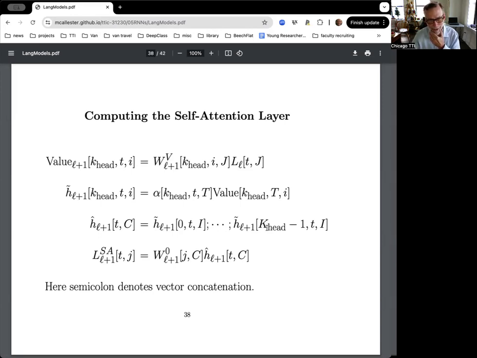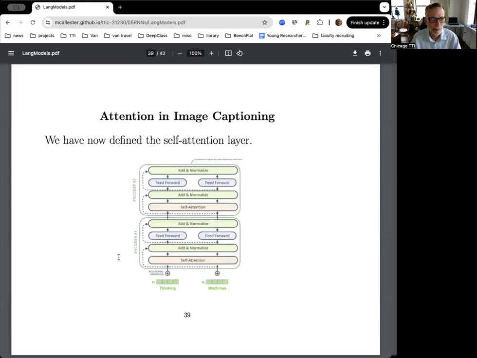I have capital K different heads. I concatenate them all, and then I take this big concatenated vector, which is all of the vectors I get from the individual heads, and I apply a matrix to that to get the next layer at position T. So that is the self-attention layer. It's a complicated beast.